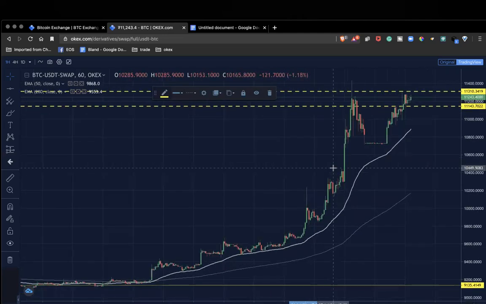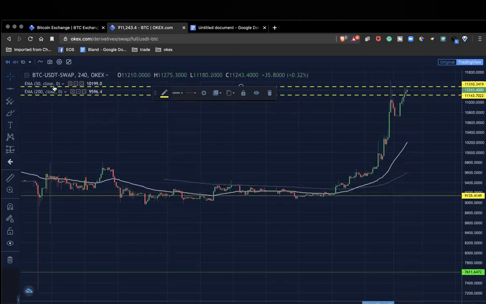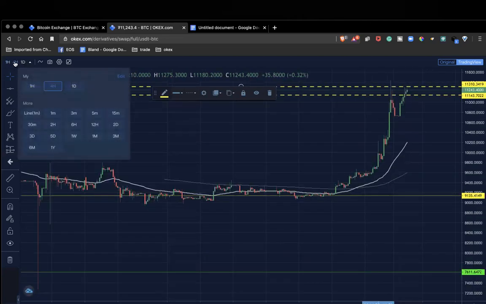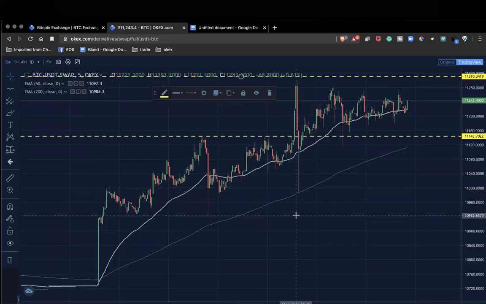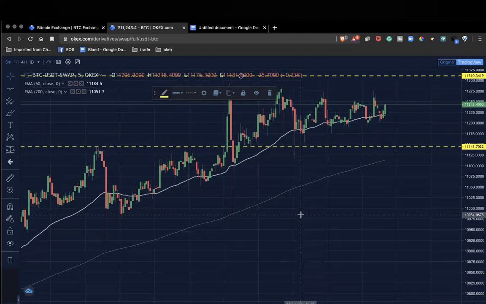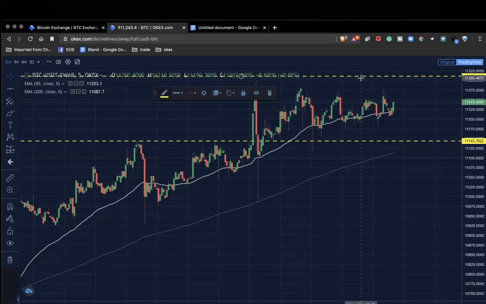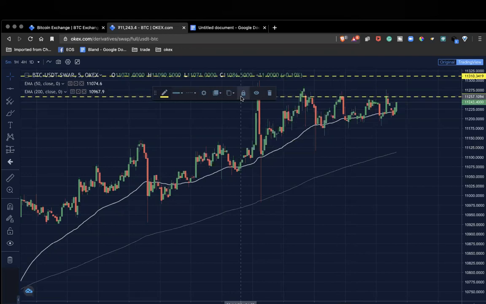So let's use another time frame, maybe we'll see it better. Let's use the 5-minute time frame. Okay, fantastic. So you can see the area of resistance here, and then we have the area of support.